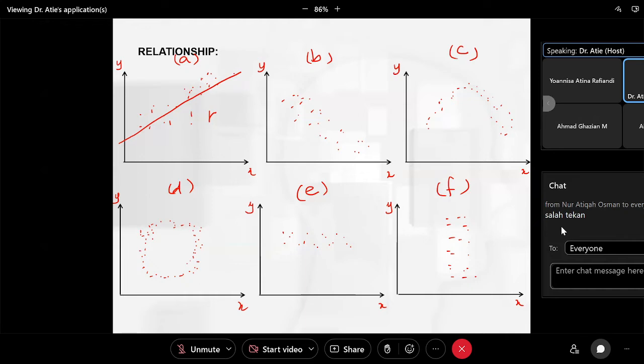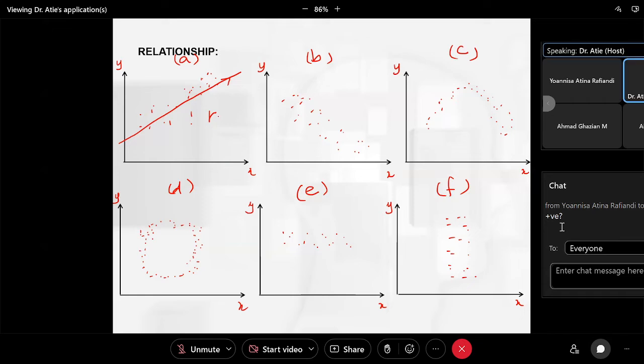So that's the reason we say yes, it has a relationship, and we need to look at the direction. When we learned mathematics before, if we have a line like this, is the slope positive or negative? Positive, yes.